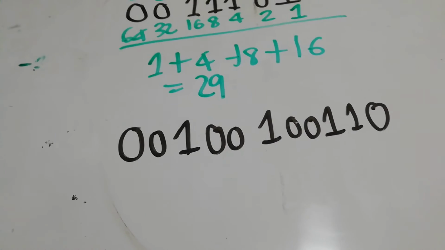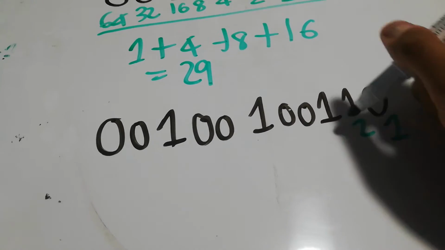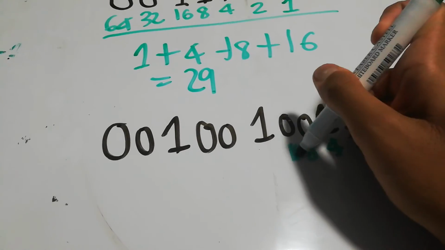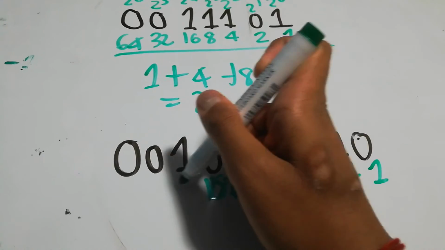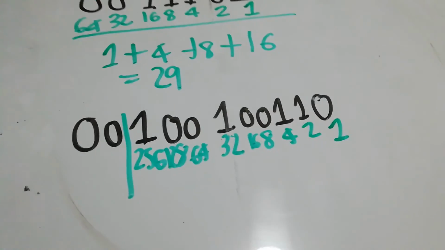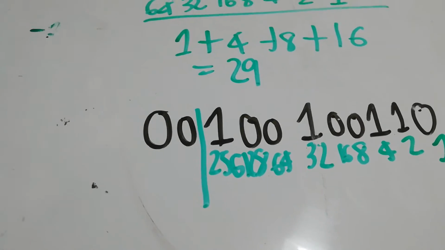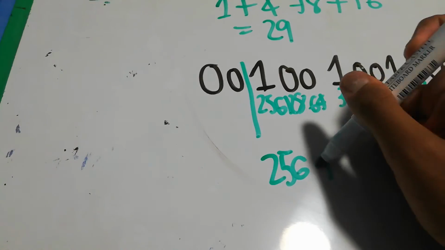Now we're going to do the same thing here. So we're going to put 2 to the power 0, 1, 2, 4, 8, 16, 32, 64, 128, 256. And since we don't add zeros, we can simply ignore these two zeros as they don't have any necessity at all. So this will become 256 plus 128.